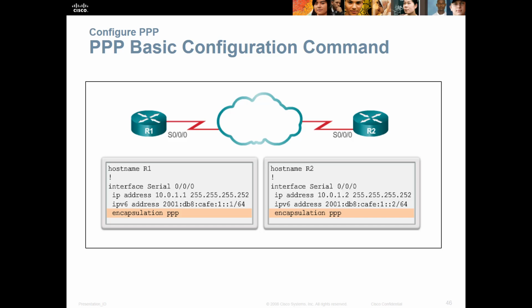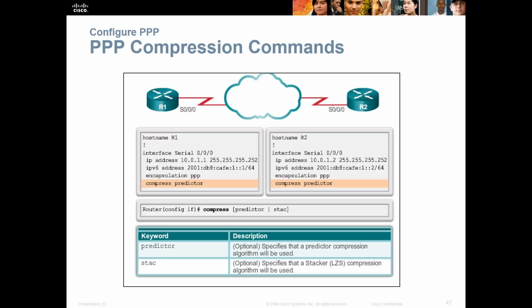Most simplistic is to encapsulate PPP, both sending and destination. If we're using compression, we need to do that here: compress, and one of the keywords, predictor or stac.